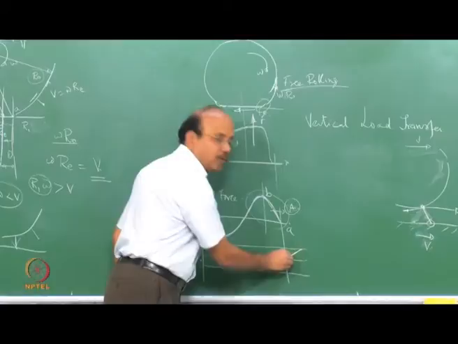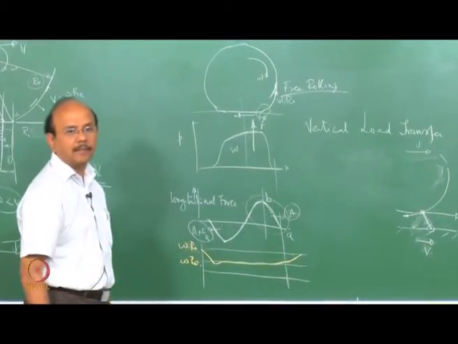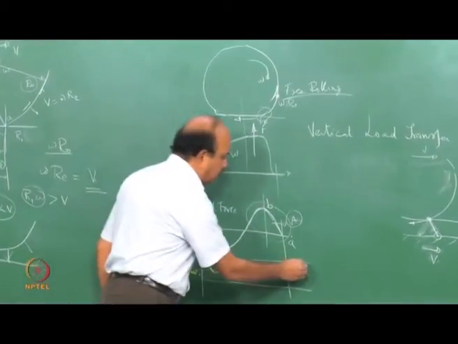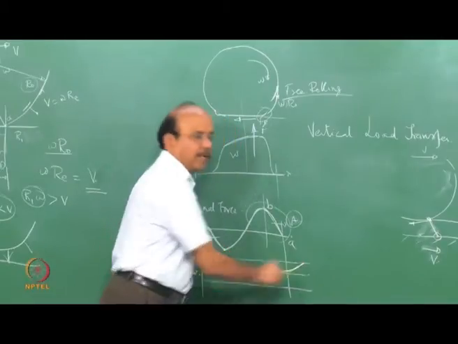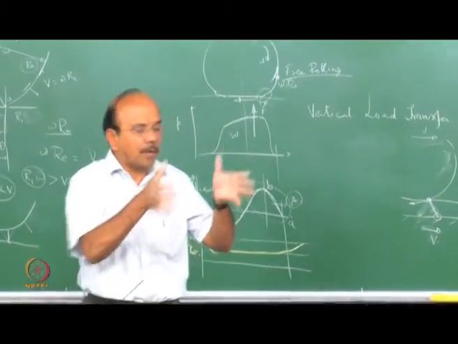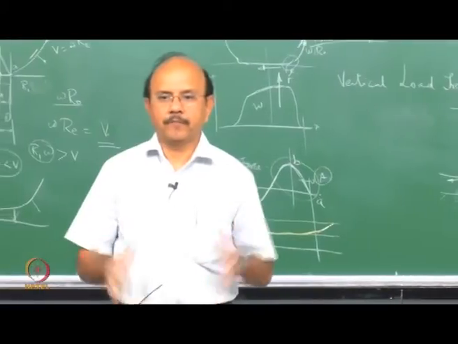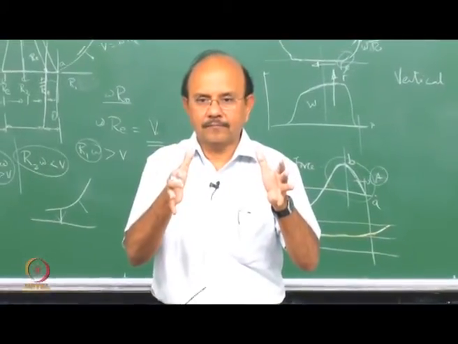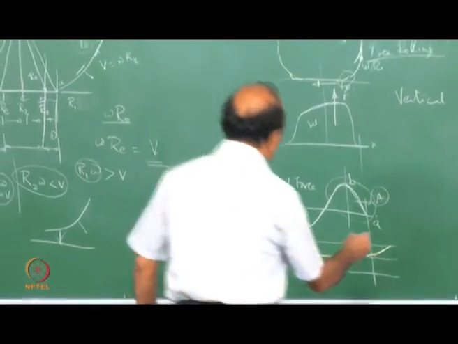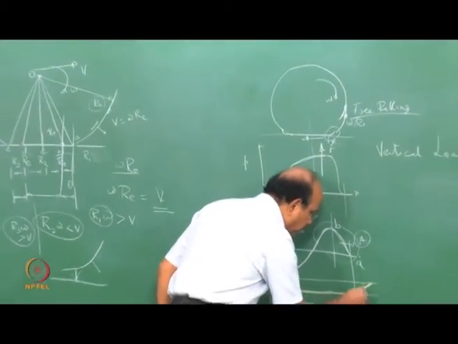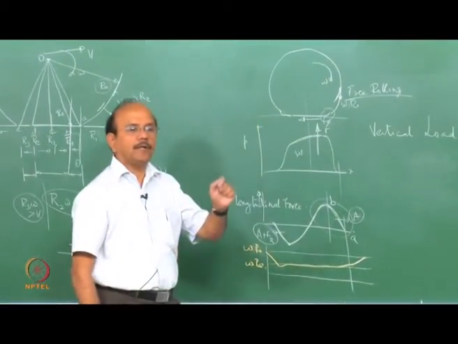so as I approach the contact patch, my velocity now keeps dropping. In other words, I start becoming smaller. So the velocity starts dropping even before I hit the ground.